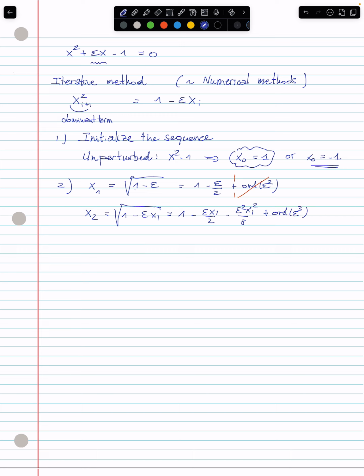And now let me just substitute here x1. So we have 1 minus epsilon over 2. Of course, at order epsilon, we haven't changed anything. Plus epsilon square over 4 minus epsilon square over 8. And then I dropped a few more terms, which are of order 3. And so we have 1 minus epsilon over 2 plus epsilon square over 8.